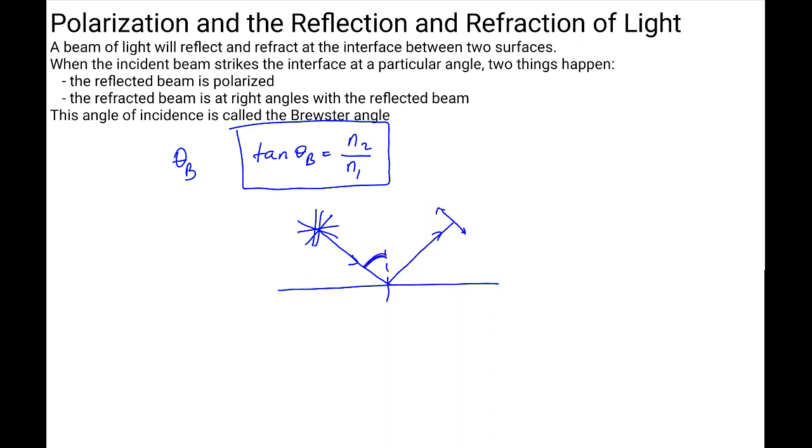This is the Brewster angle, and also the refracted beam and the reflected beam are at right angles to one another. So the first medium has index of refraction n1, the second medium has index of refraction n2. So tangent of this angle theta b is index of refraction n2 divided by index of refraction n1.